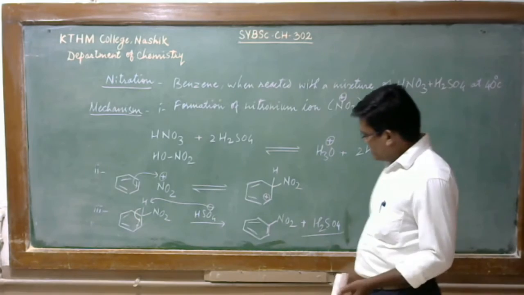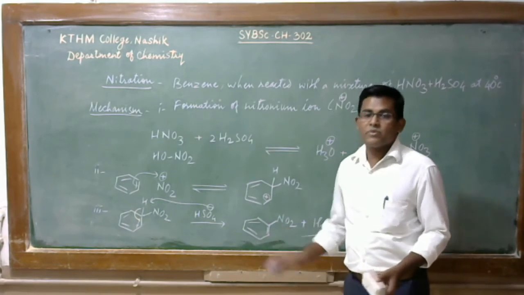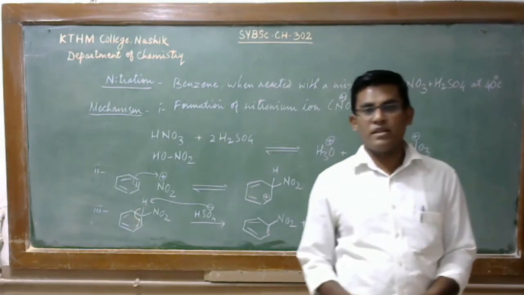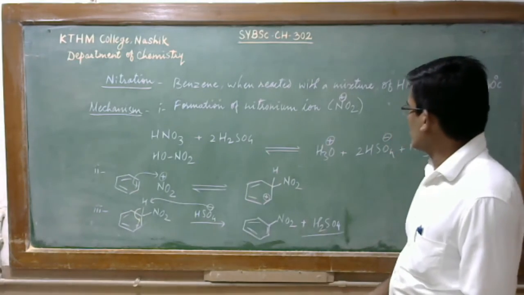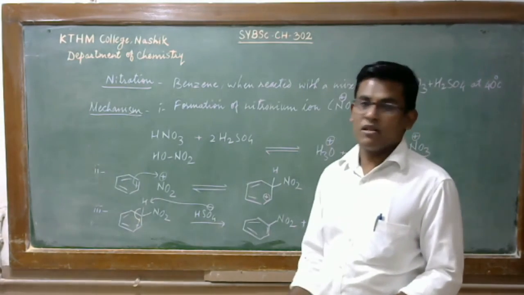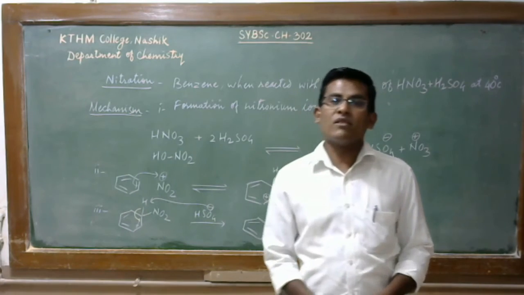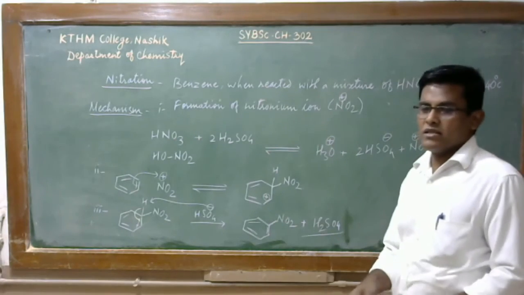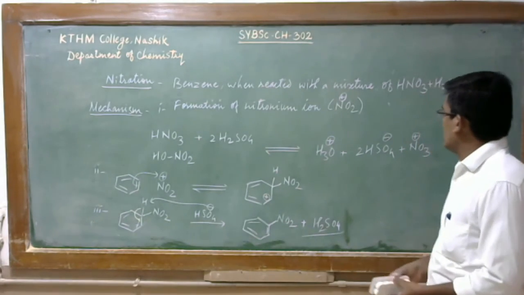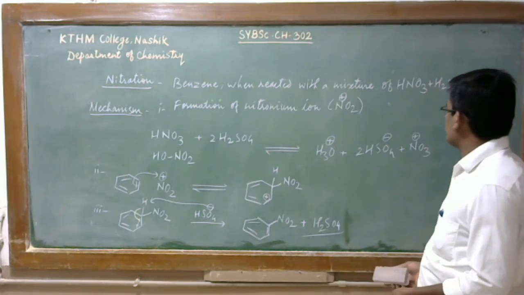So here we get our substituted product, that is nitrobenzene. So this is how the mechanism works for this particular nitration of benzene. This is how we can generate nitrobenzene.